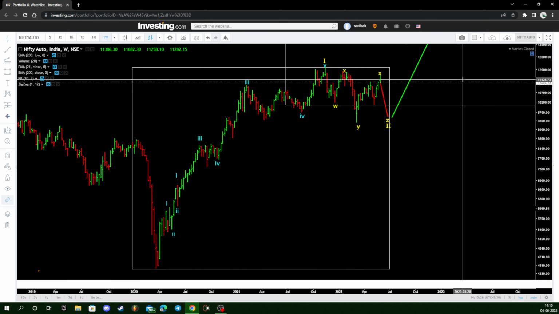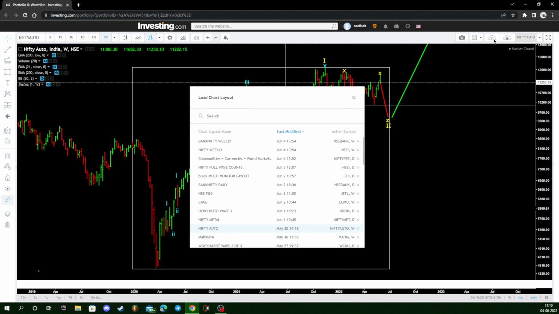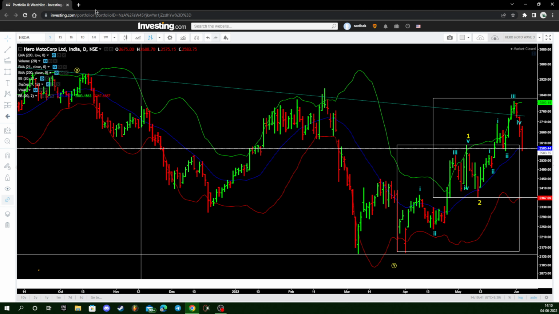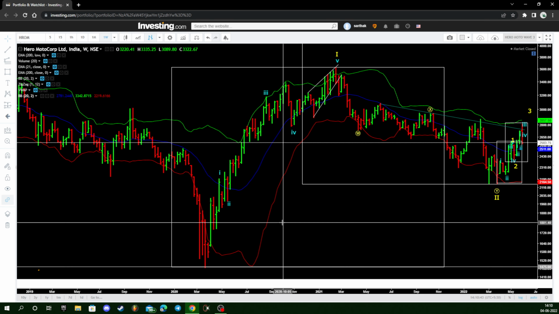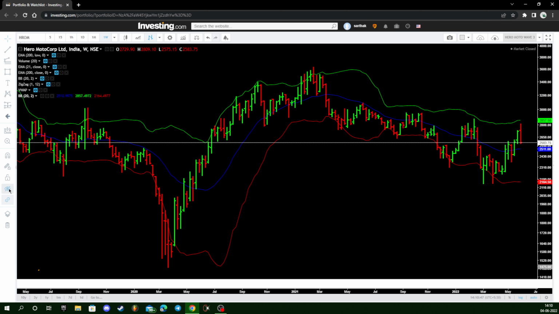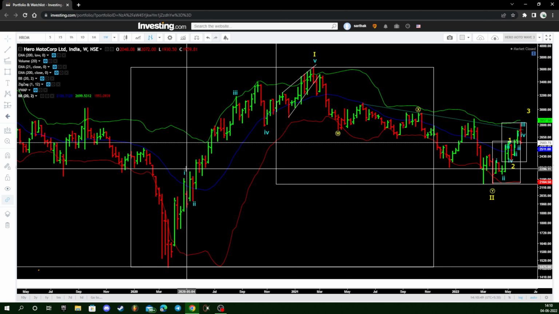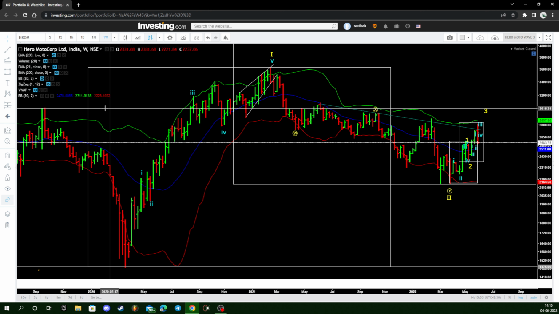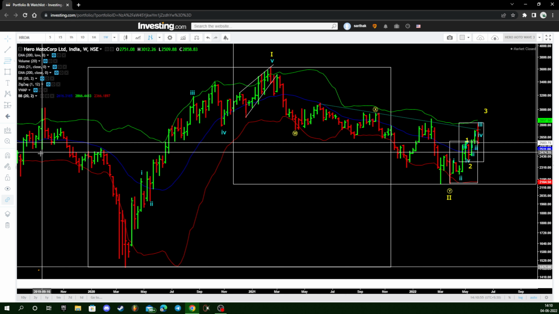Okay, but there are few stocks which have outperformed. I have this count on Hero Moto Corporation, where it looks like we have done this wave 1, wave 2, wave 3, wave 4, wave 5, and this is a neat 60% correction, I think.